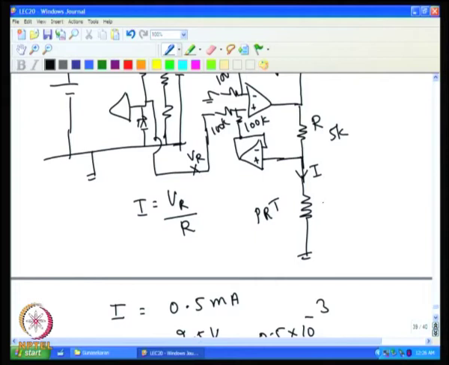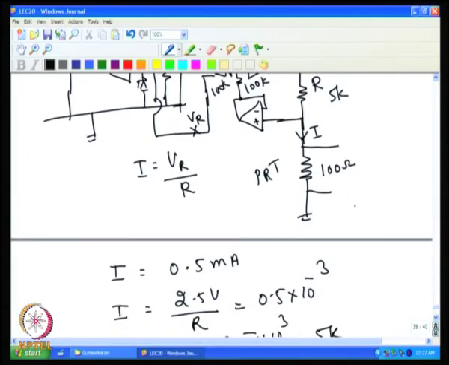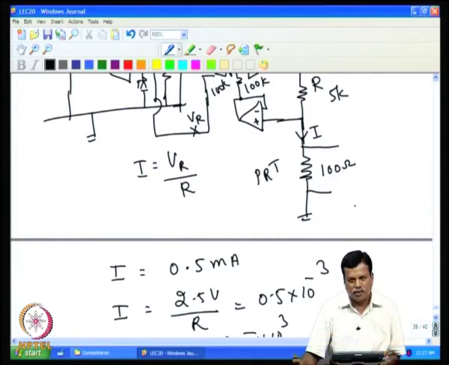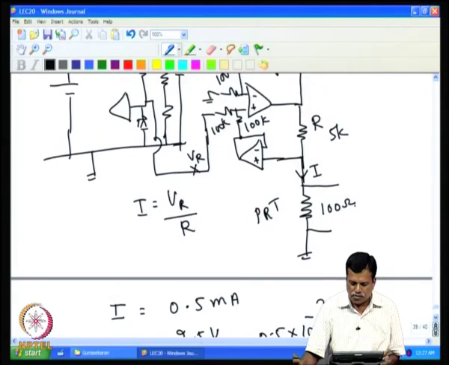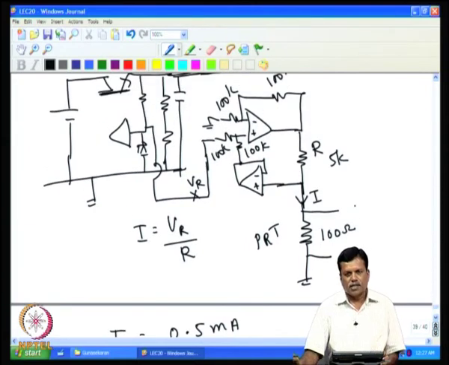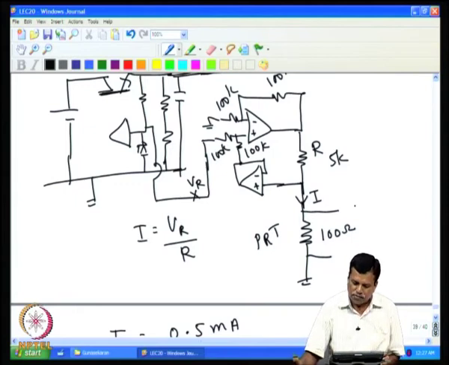So, normally a platinum resistance thermometer of 100 ohm is what is used, that actually makes 100 ohm into 0.5 milliampere. At the lowest you will have 0.05 volt across this. This voltage is good enough for most of the single supply op amp circuits, because the higher the voltage, the more issues we will have in reducing the voltage later when we want to convert this voltage into current.